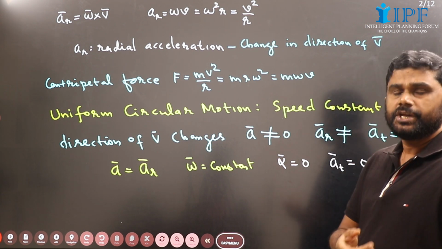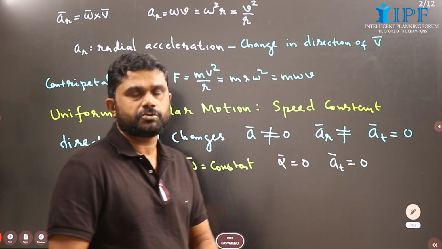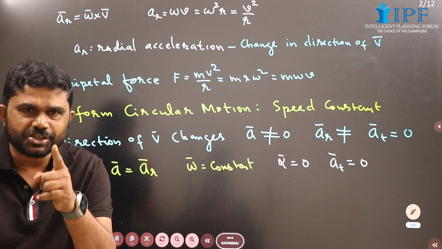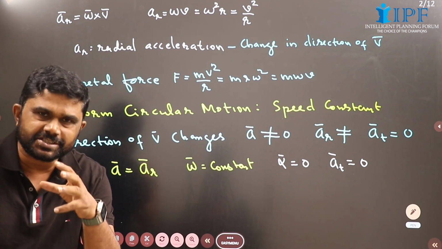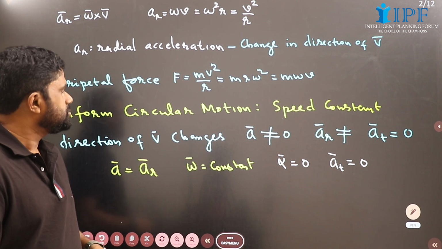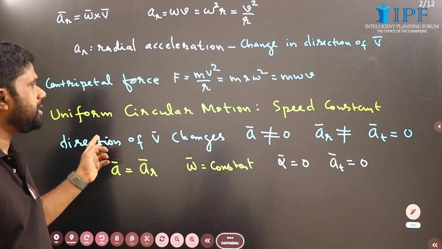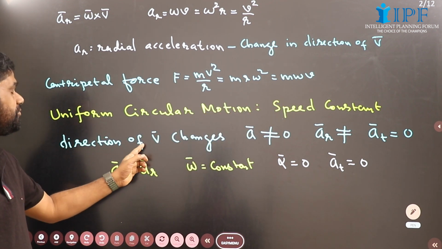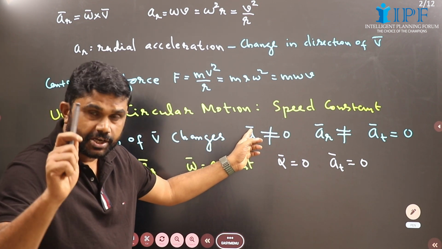In uniform circular motion, meaning motion in a circular path with constant speed, only the direction of linear velocity is changing. The magnitude of linear velocity is constant. So in uniform circular motion, speed is constant, the direction of velocity changes, and linear acceleration is not equal to 0.